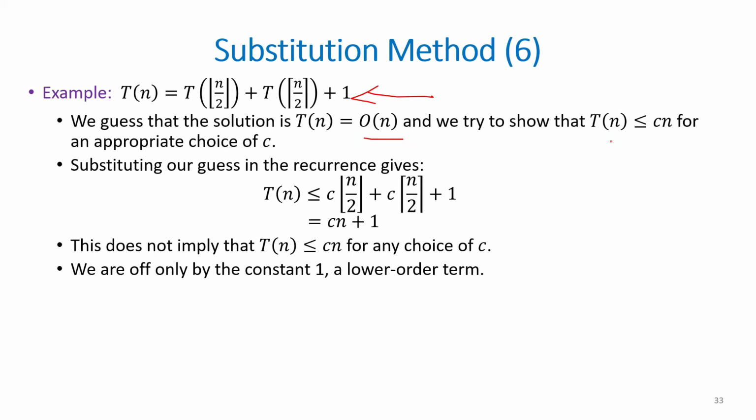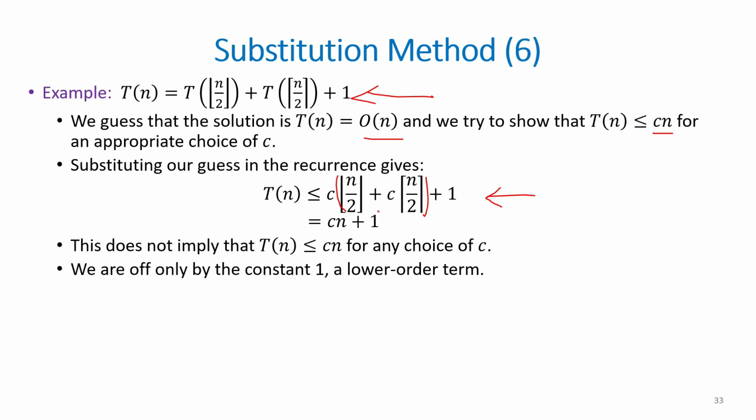And we try to show that this is less than or equal to some constant c times n based on the definition of big O. Now, when we substitute m equal to n half for some m value less than n, as we did in the very first example under substitution method, we arrive at this equation, which when you factorize the c, you would get the sum of n half plus n half, which would be cn plus 1.